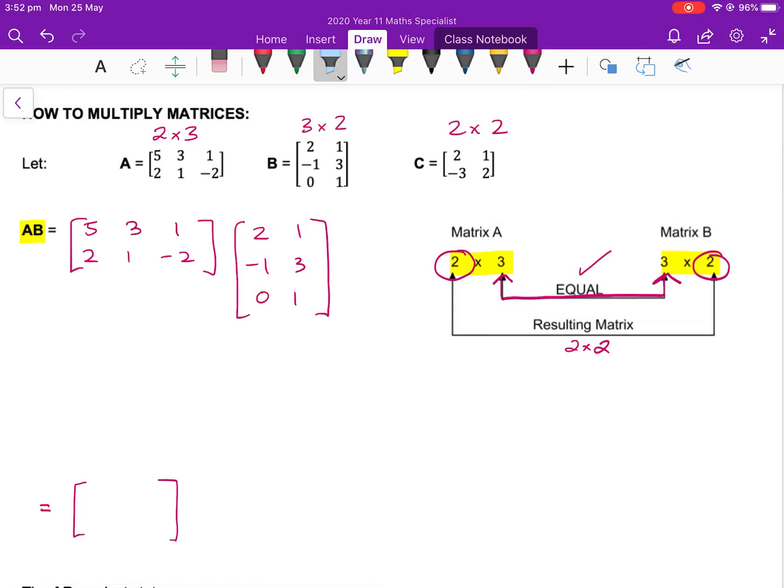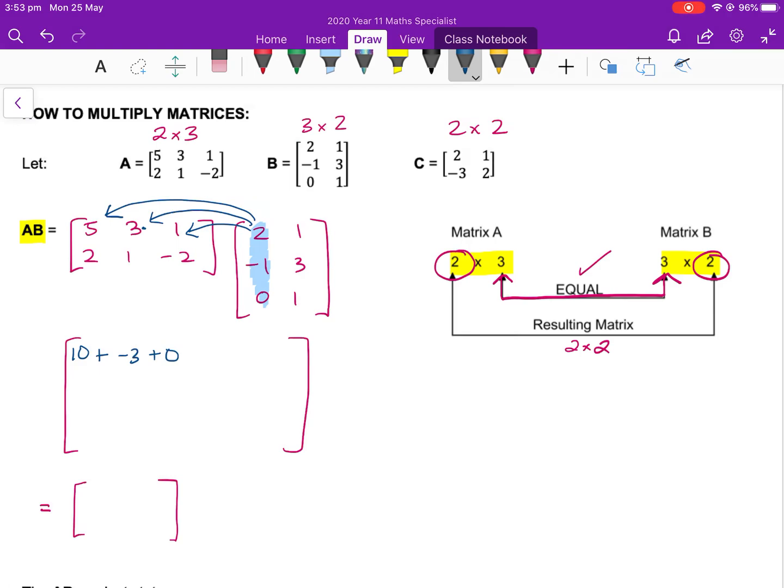So what we're actually going to do now is take the first column of matrix B and multiply this onto the first row of matrix A. So we're actually going to say 5 times 2, 10, plus negative 1 times 3, negative 3, and 0 times 1 is 0. And we're going to add them on. So we're going to flip that column up and multiply those corresponding elements.